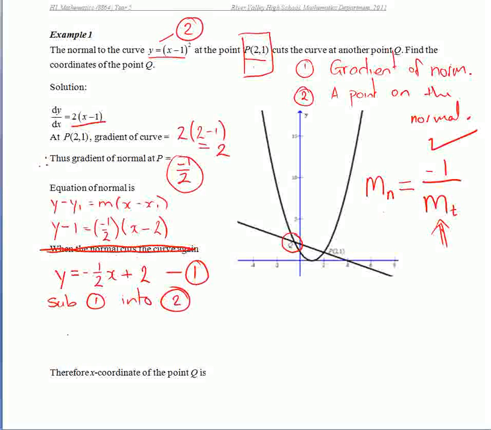We get -1/2 x plus 2 is equal to (x take 1) squared. So -1/2 x plus 2 is equal to x squared take 2x plus 1.